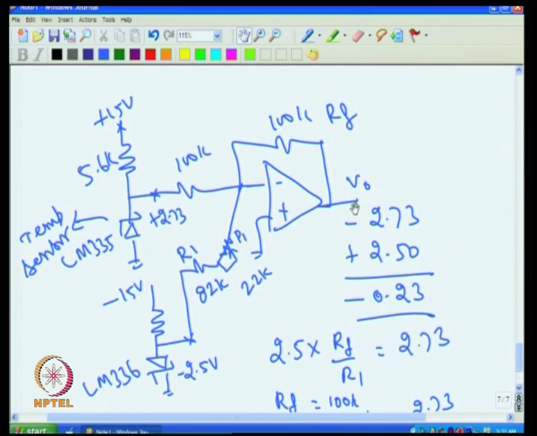Similarly, the other problem comes when the temperature goes to 100 degree C. Then you may not get 3.73 exactly, it can have an error. Suppose it goes only to 3.72, then at 100 degree C, I will not get 1 volt, I will get only 0.99 volt, because the 10 millivolt difference will be lost here, because this has gain 1.